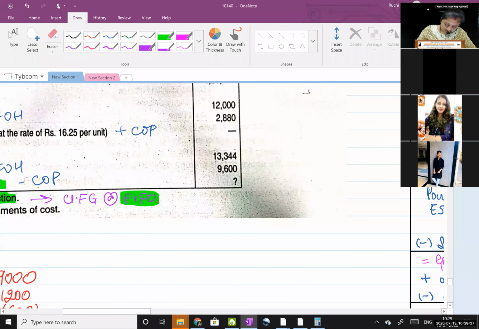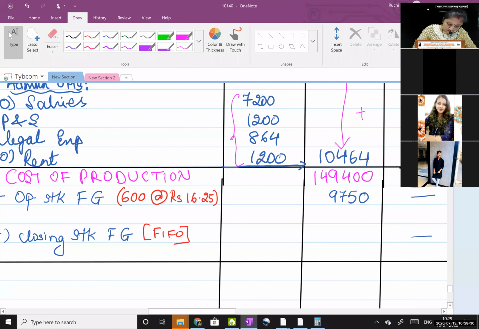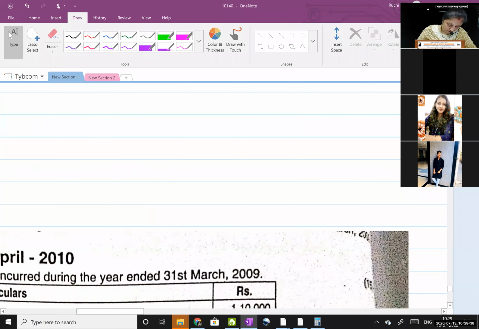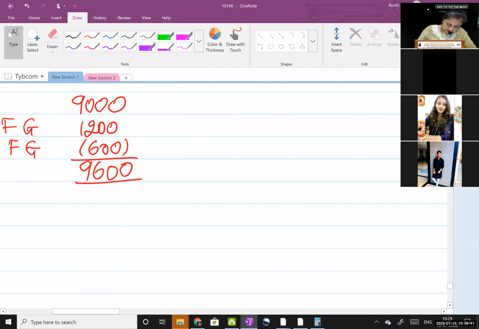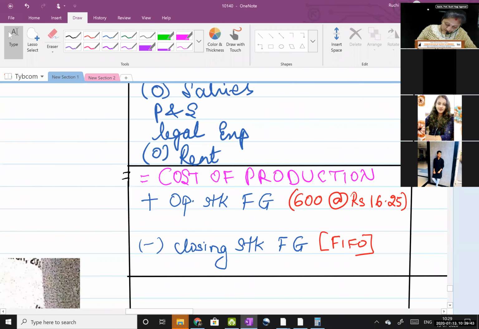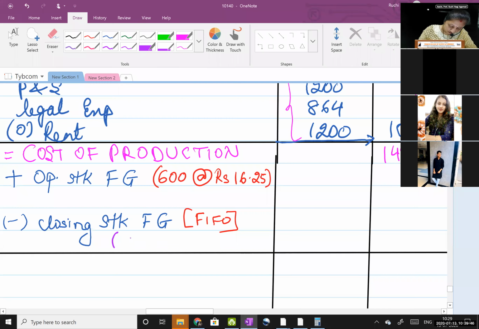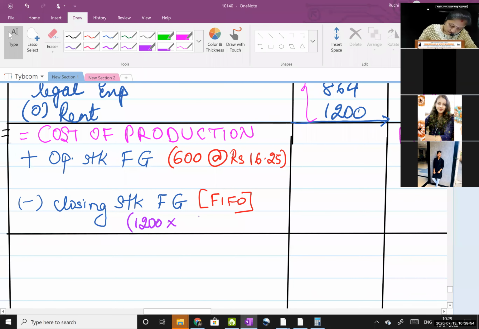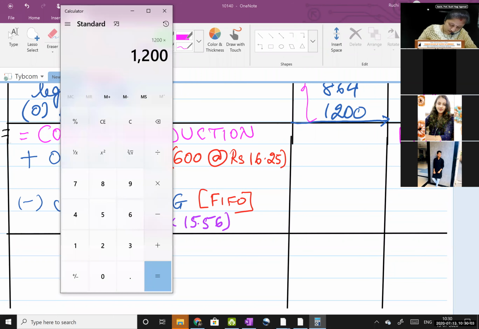Here, let us calculate closing stock of finished goods. What is the calculation? How many units are there in closing stock of finished goods? 1200 units. So 1200 multiplied with this rate, 15.56, FIFO. 1200 multiplied with 15.56 is 18,672.